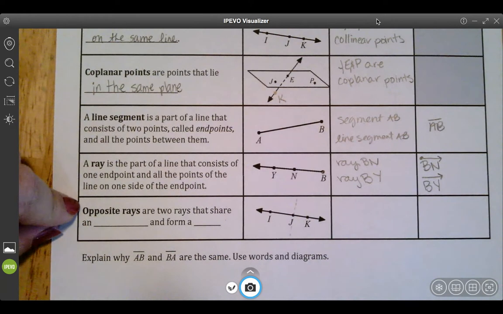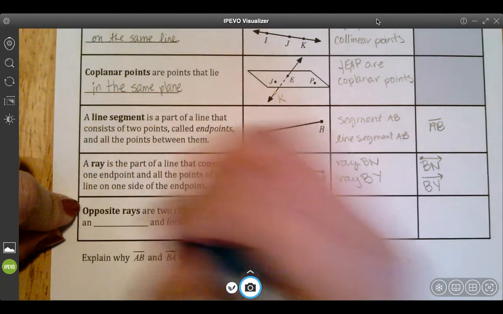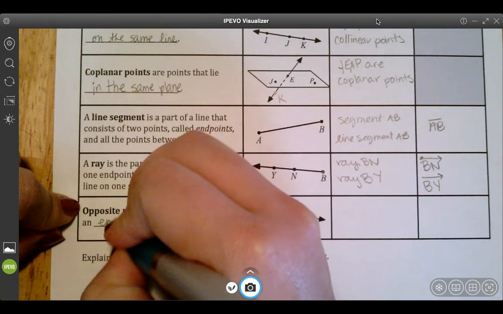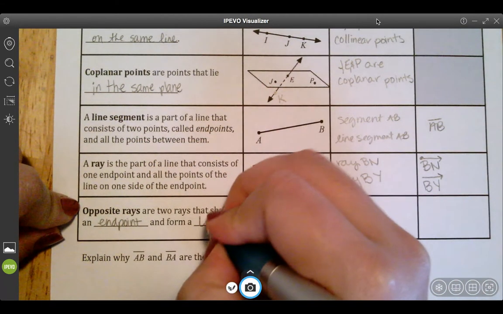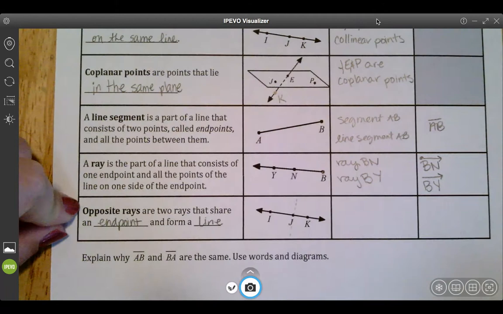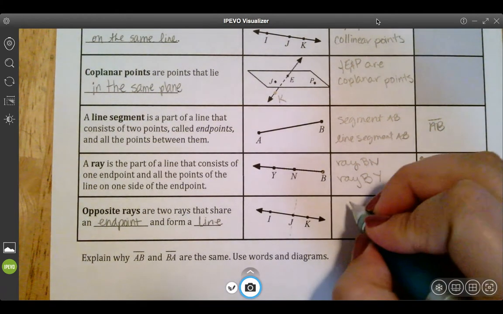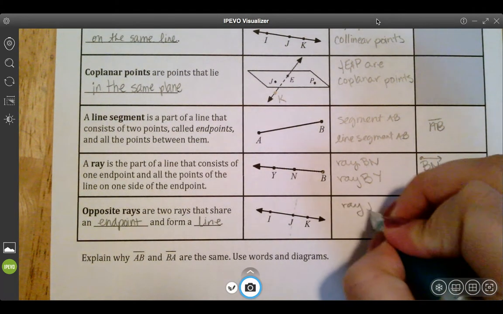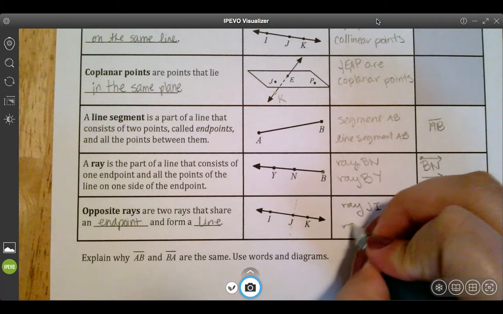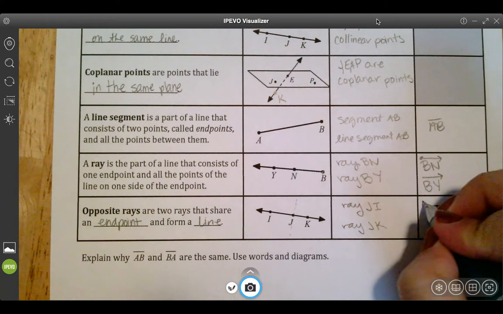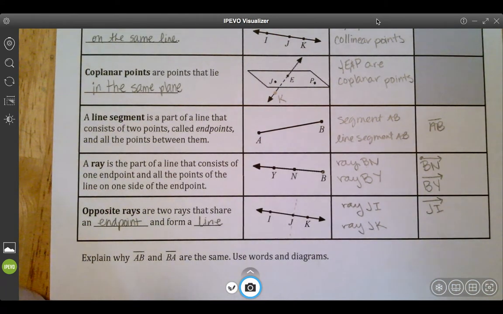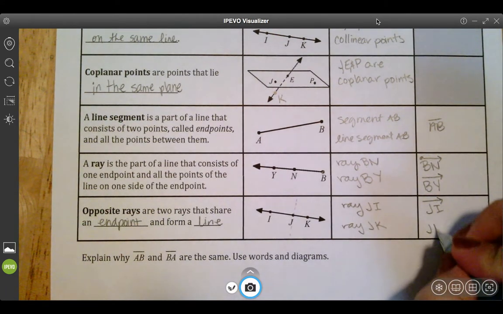Opposite rays are 2 rays that share the same endpoint and together form a line. So in this example, we have ray JI and we have ray JK. And the way we denote that is JI, arrow pointing in the direction of I, and JK pointing in the direction of K.